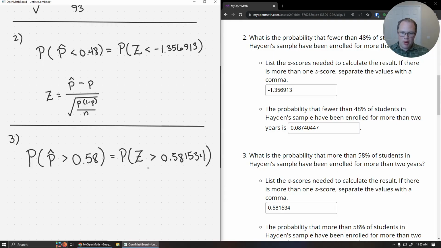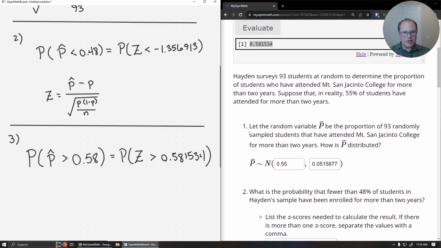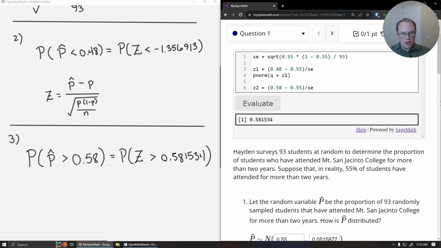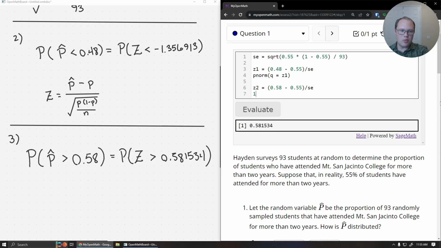Now, we're using a greater than symbol, so we're interested in the probability in the upper tail. Our pnorm function by default only calculates probability in the lower tail. So to calculate that probability in the upper tail, we take all 100% of the area underneath our normal distribution and subtract away the probability in the lower tail that we don't want. What we'll be left with is the probability in the upper tail. This is always how we calculate probability in the upper tail: 1 minus the pnorm function.